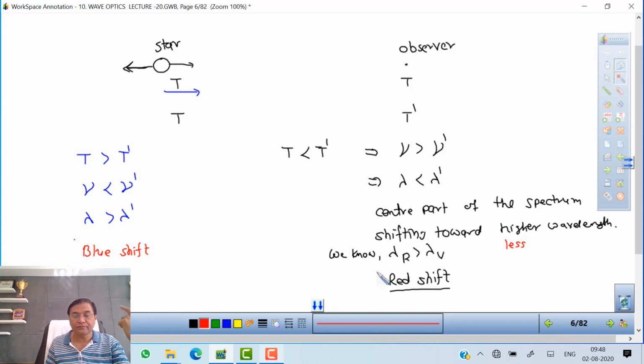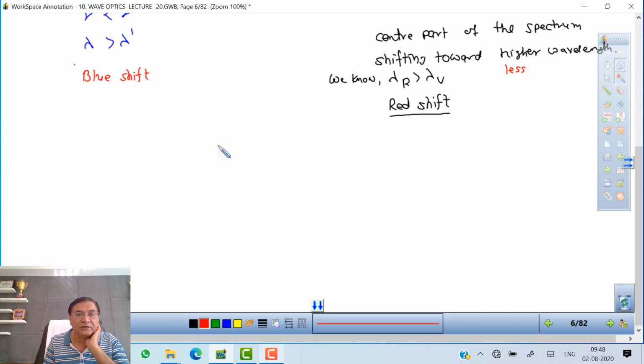Okay. So what is the change in the frequency? Suppose the change in frequency is delta mu and the original frequency is mu.